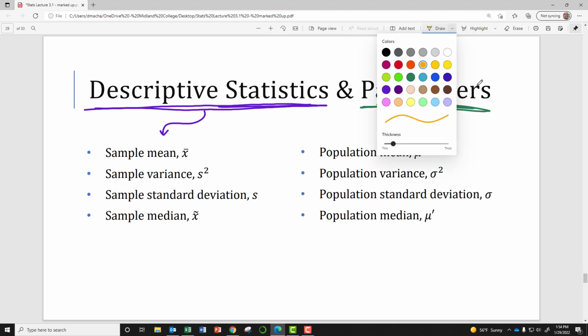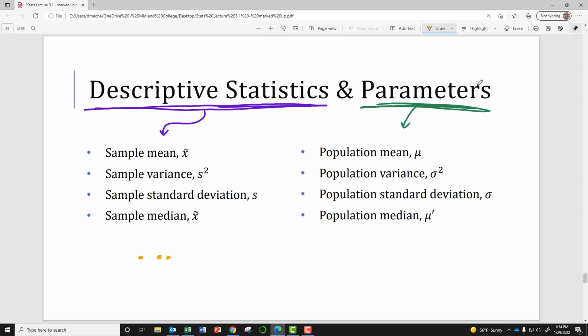And the way that you read all of these actually is you would say this thing over here is an estimate of the thing on the right. So the sample mean is a descriptive statistic, which is an estimate of the population mean. We use Greek letter mu to refer to the population mean.